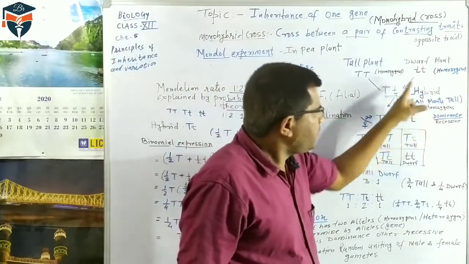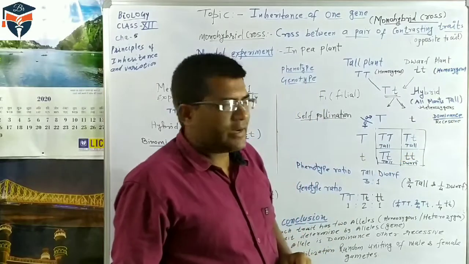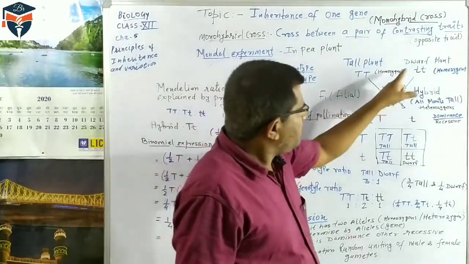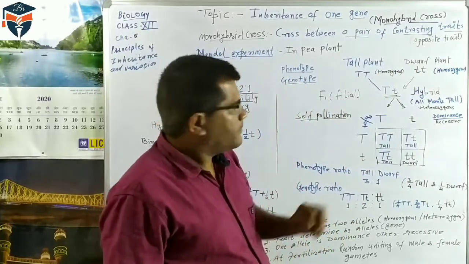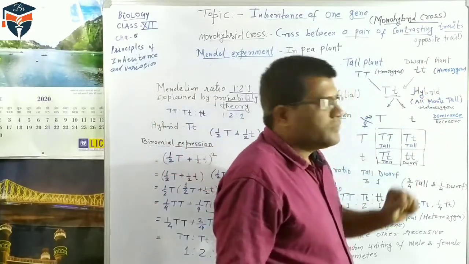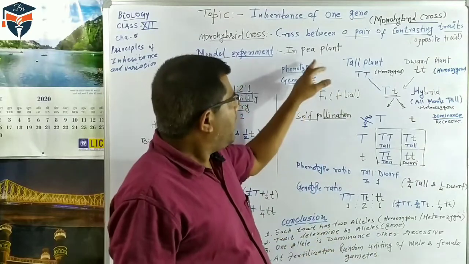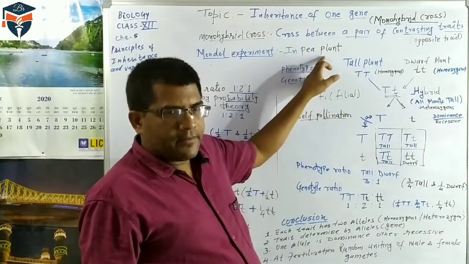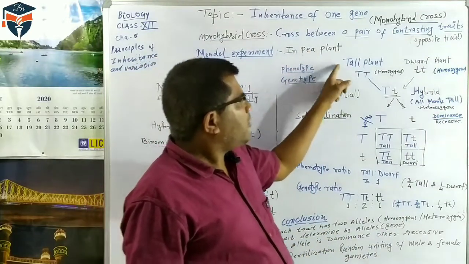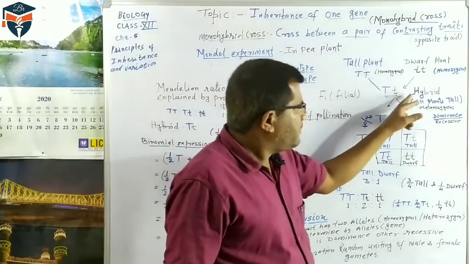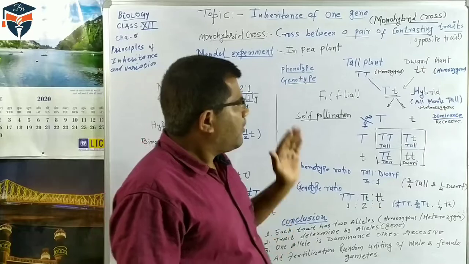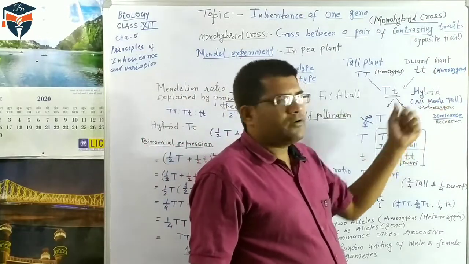The character which is hidden is dwarfness, and dwarfness is a recessive trait. So in the pea plant, when a tall plant is crossed with a dwarf plant, the hybrids of the F1 generation will all be tall plants.